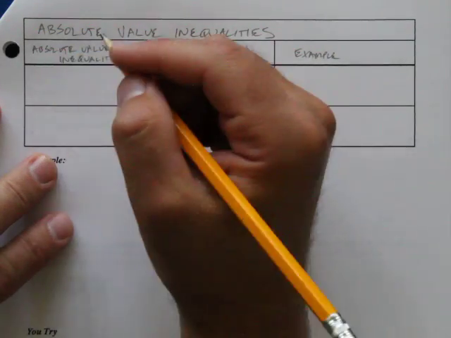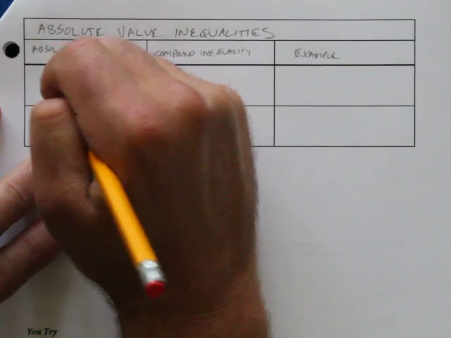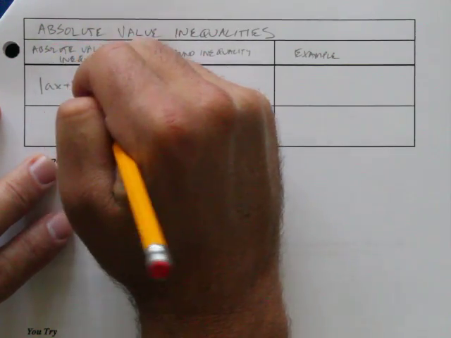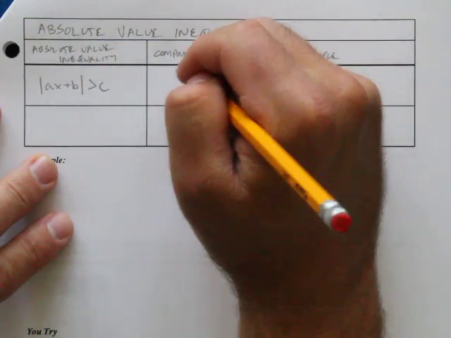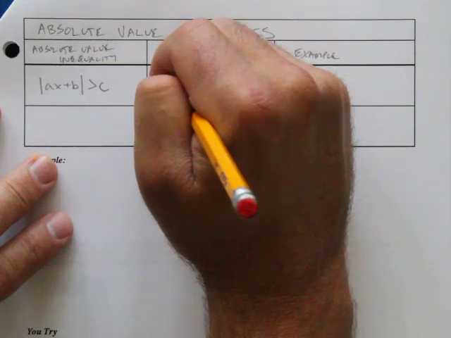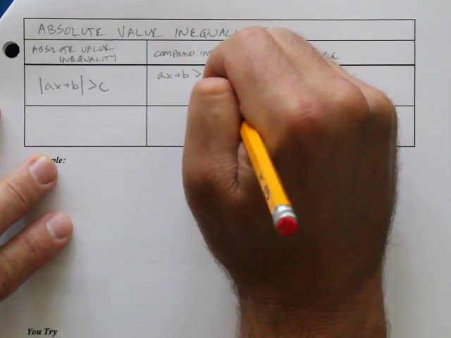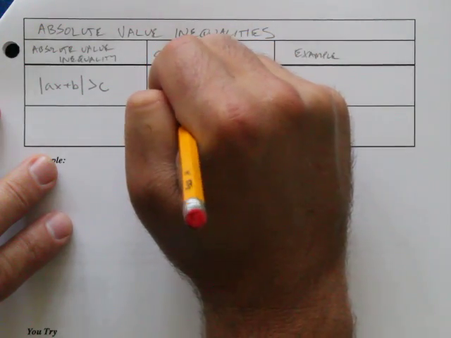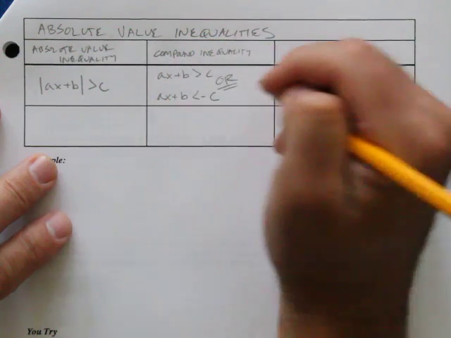So if I have an absolute value inequality, that's the absolute value of a times x plus b is greater than c, then ax plus b is greater than c, or ax plus b is less than negative c.